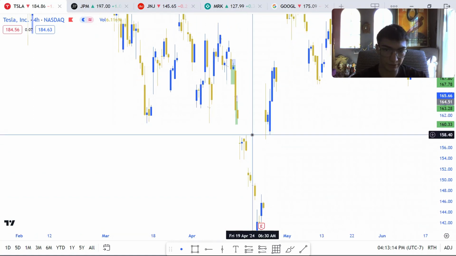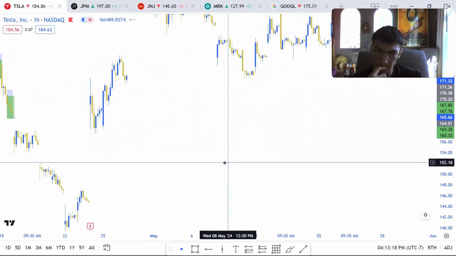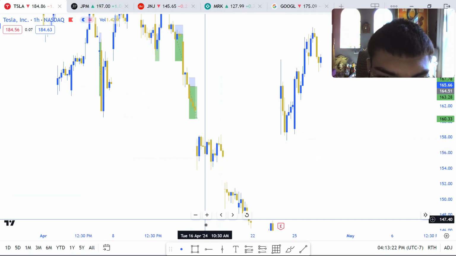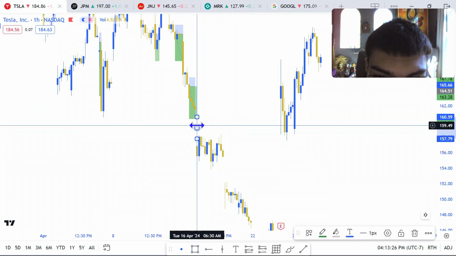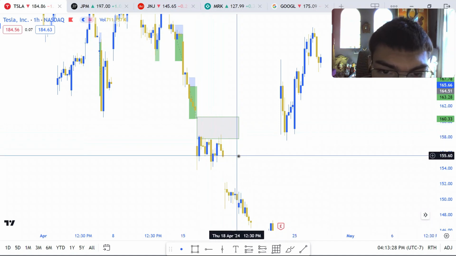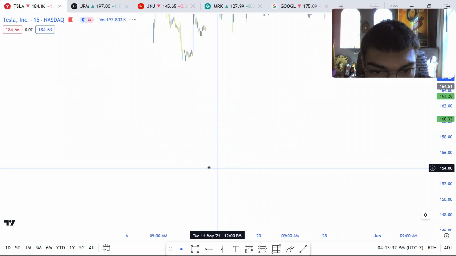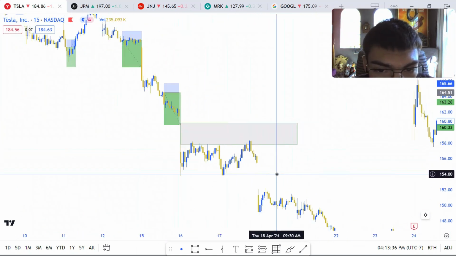We gap down. So honestly, at the gap, I'd have been like, okay, once price hits the gap, we could possibly look into getting into this trade. Boom, price hit the gap. We could have gone into the 15-minute.